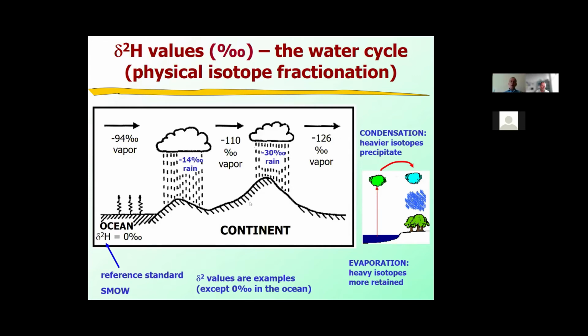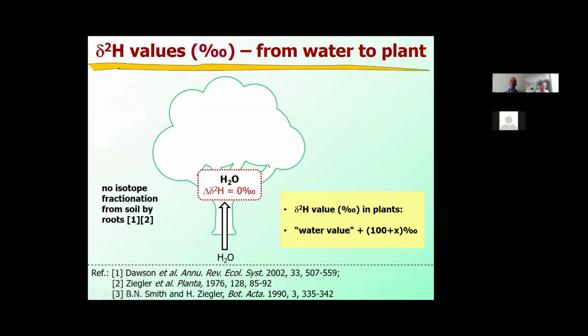And it also depends, of course, on the landscape structure, as I will show you now. So the rain is also, the more remote from the coast, on first approximation, getting lighter in hydrogen. Now let's look at what is happening in a plant if you do that.